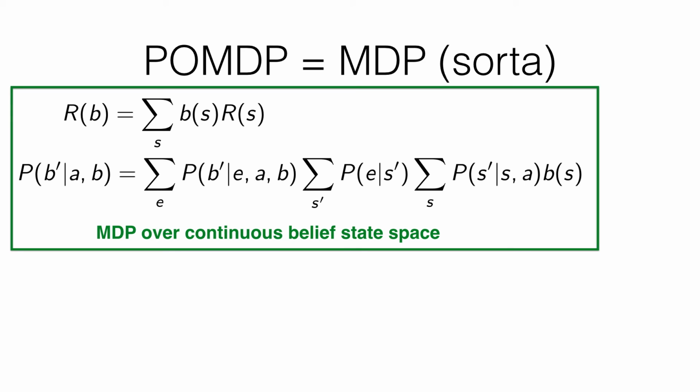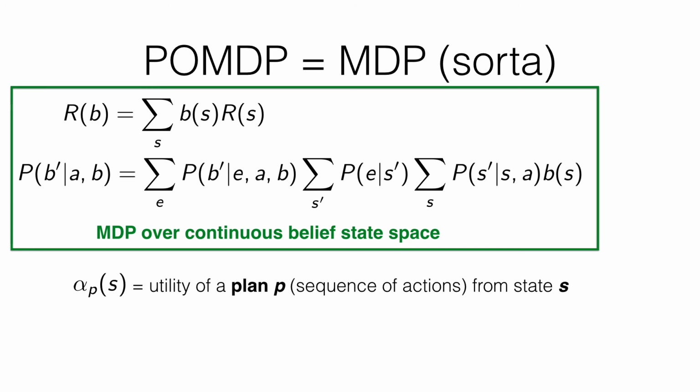But what we can do is something that we won't do in too much detail. The idea is that we can write down a few things, and it will sort of hint at how POMDP methods work. So we can write down this expression. It's called alpha P of S, and what it means is the utility of a plan P from the state S. A plan is a sequence of actions.